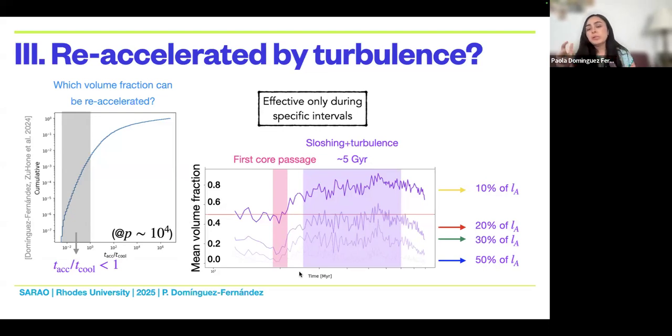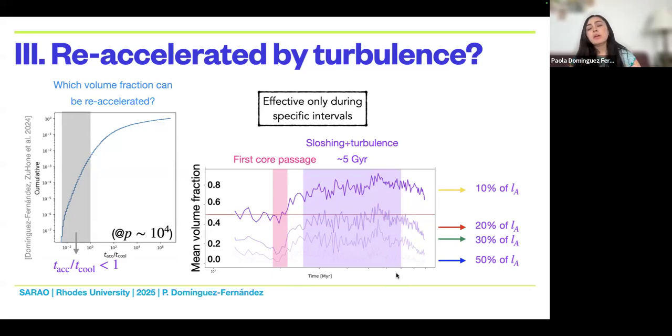Afterwards, we have the generation of sloshing motions and also turbulence, right? And these really promote the velocity motions that we want for this mechanism to work. This is what is shown here in the purple shaded region.